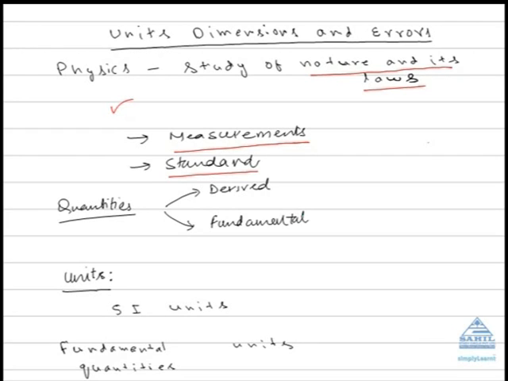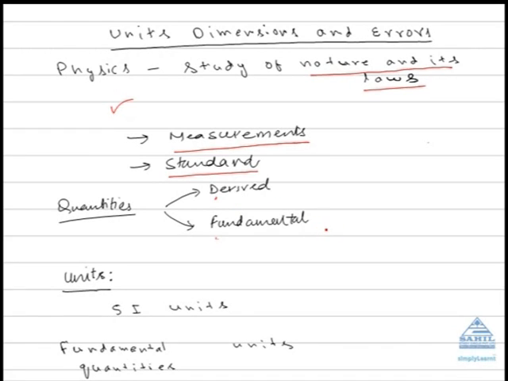So, the area can be derived from the length of a square. So, we have two categories of physical quantities: the fundamental physical quantities and derived physical quantities.